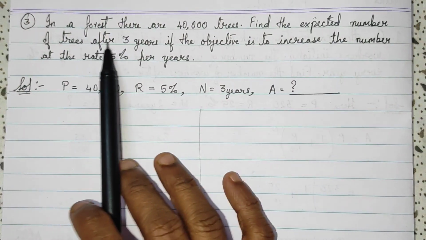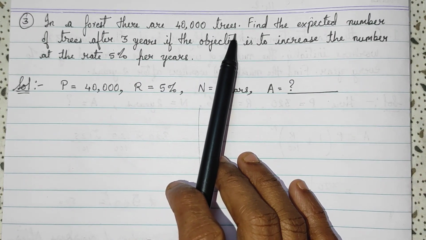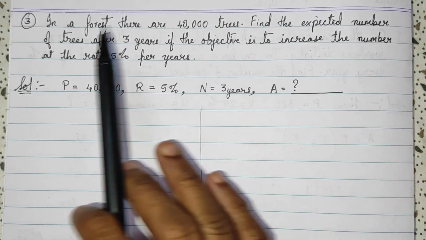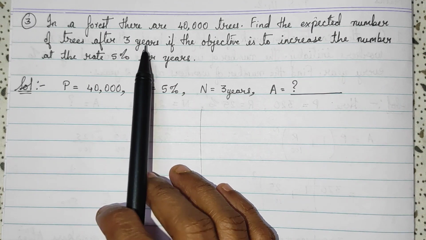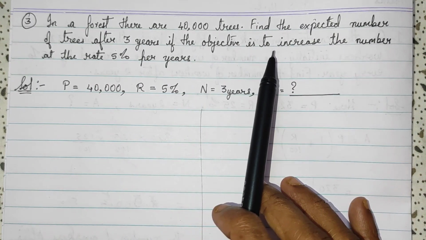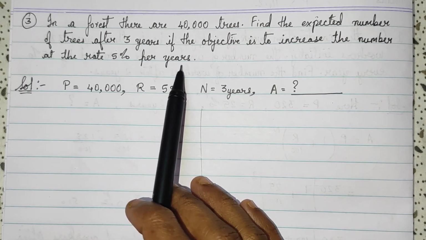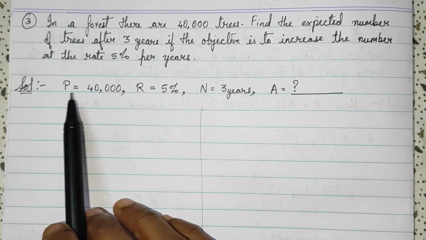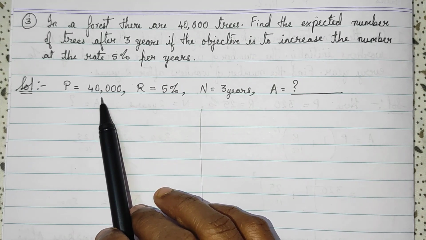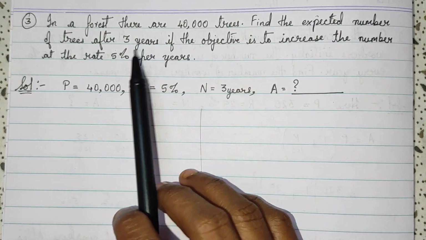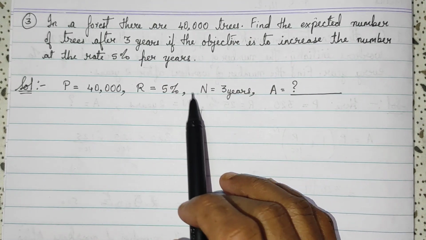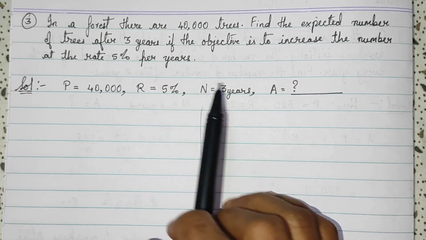Third question. In a forest there are 40,000 trees. Find the expected number of trees after 3 years if the objective is to increase the number at the rate of 5% per year. So here principal is 40,000 trees and rate of interest is 5% per annum and number of years is 3 years.